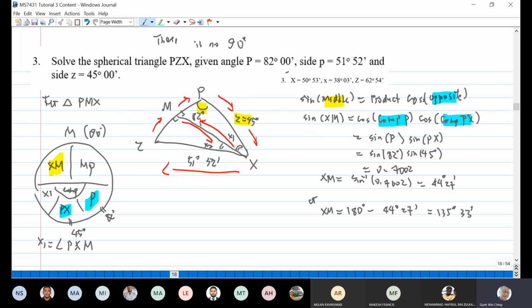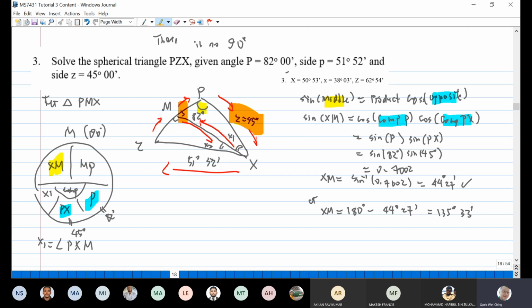Now we have to decide which one is the correct answer. We're looking for XM. The correct answer is this one. The reason is because the largest angle for the triangle on top here is this one, 90 degrees, and the longer side is 45.